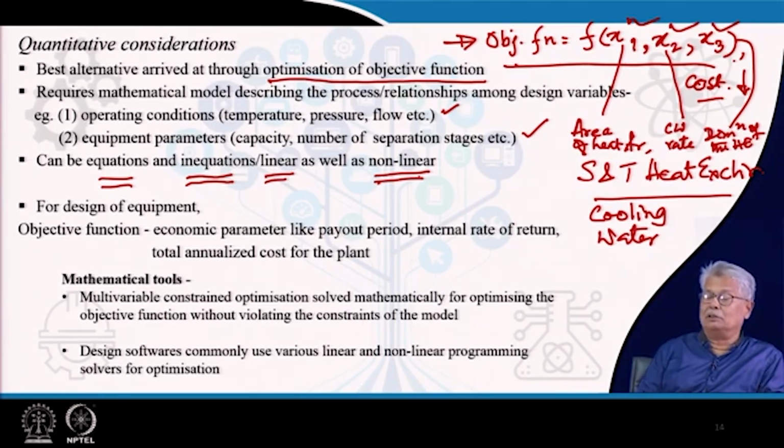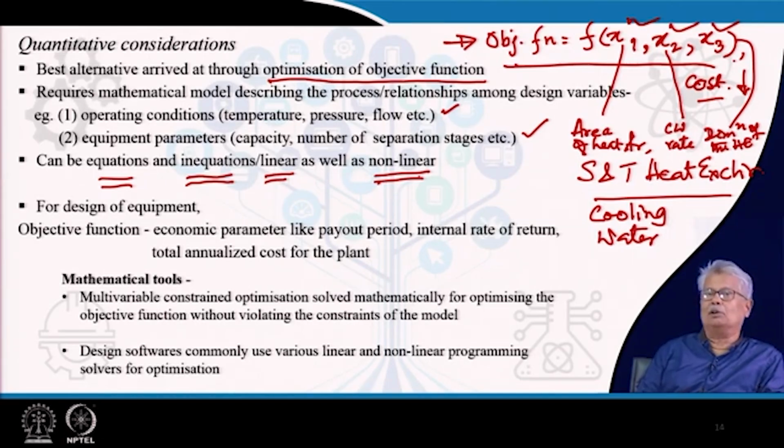Quite naturally, we have talked about x1, x2, x3, multiple number of variables. Some of these variables will be the operating conditions. Some of these variables will be the equipment parameters. There will be several constraints which could be equalities, inequalities, and all these mathematical relationships could be linear, nonlinear, anything.